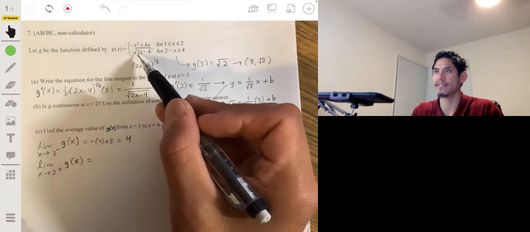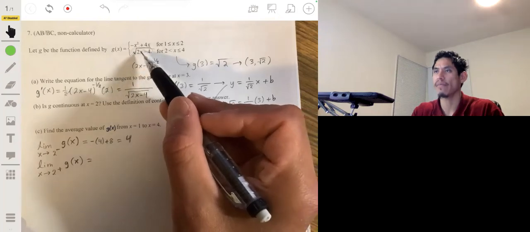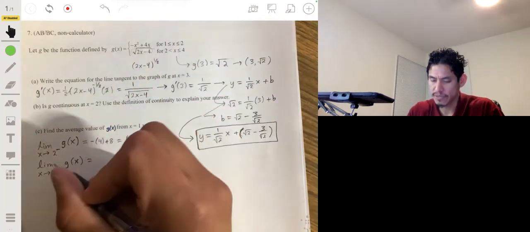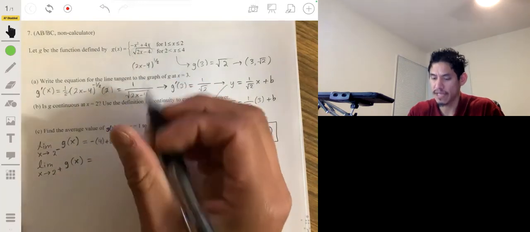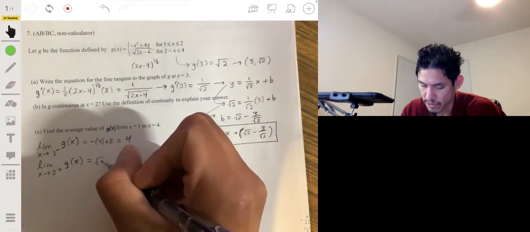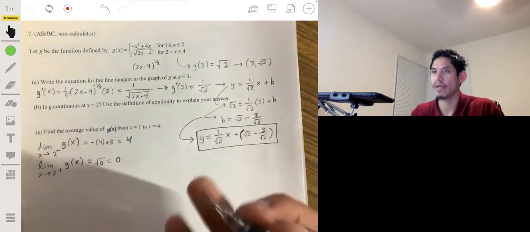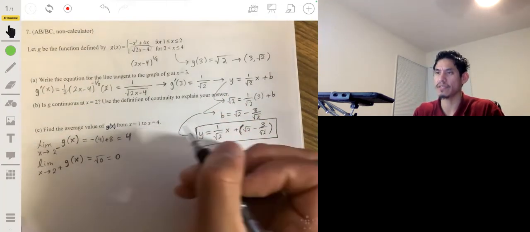Again, this is not saying that g of 2 is equal to the square root of 0, I guess. This is just what would happen if we were going to try to test this out. That would be the square root of 0, or 0. Now these are obviously not equal. 4 is not equal to 0.